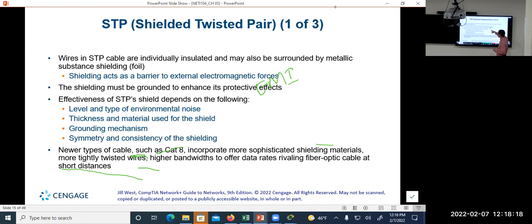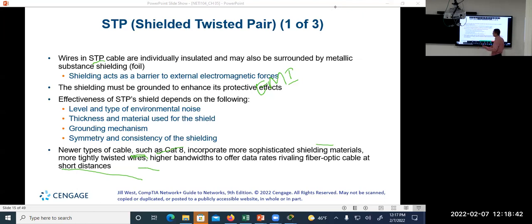Okay, so that is a shield. So normally you use the UTP only, but in the case that you work in the manufacturing environment, where you have a lot of external interference, you have to work with the STP. It's individually insulated and may come surrounded by a metallic substance, a shield, or they call it the foil here.